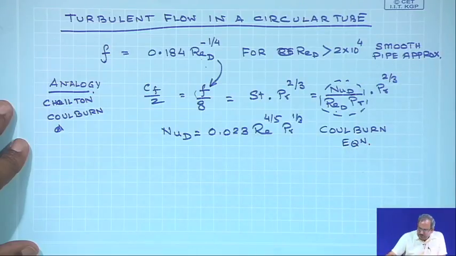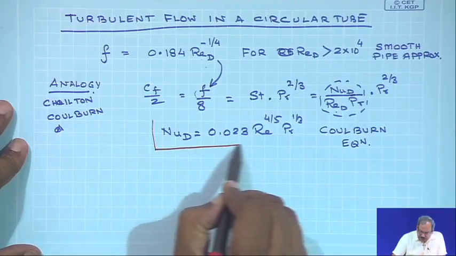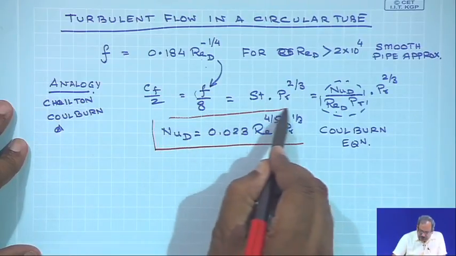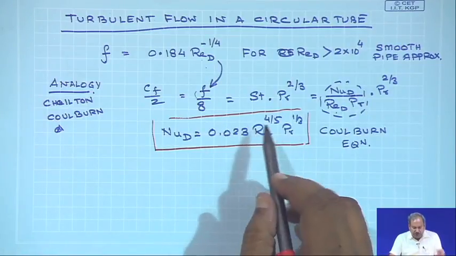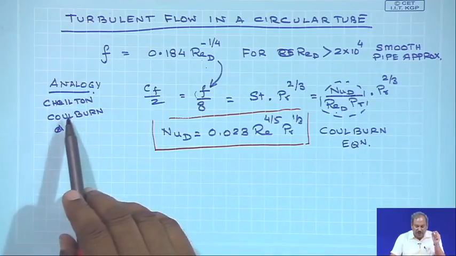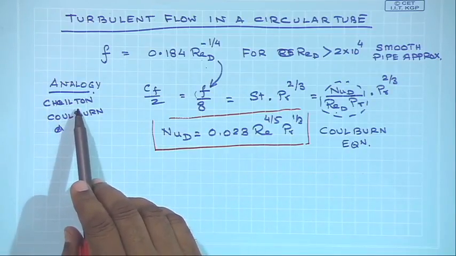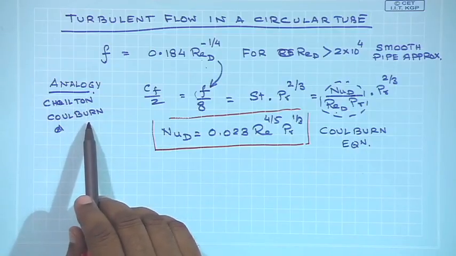Okay. So, this Colburn equation simply gives you the expression for Nusselt number for when the flow is turbulent. It highlights the importance, the utility of the analogy between heat transfer and momentum transfer, the Chilton-Colburn analogy, which is valid over a wide range of Prandtl number as I have shown before.